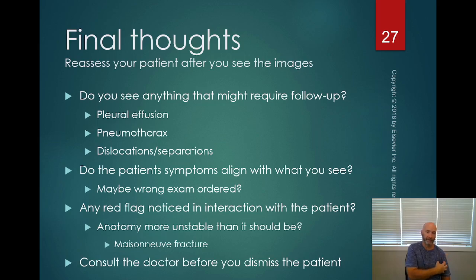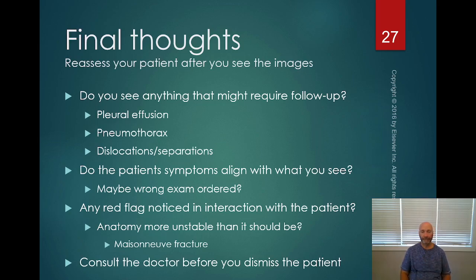It pops out anterior and falls down inferior. That's a dislocated shoulder, as opposed to a separated shoulder, where the clavicle and the scapula meet at what we call the acromioclavicular joint. So separated shoulder involves the tearing or at least the spraining of the ligaments that hold those two things together.